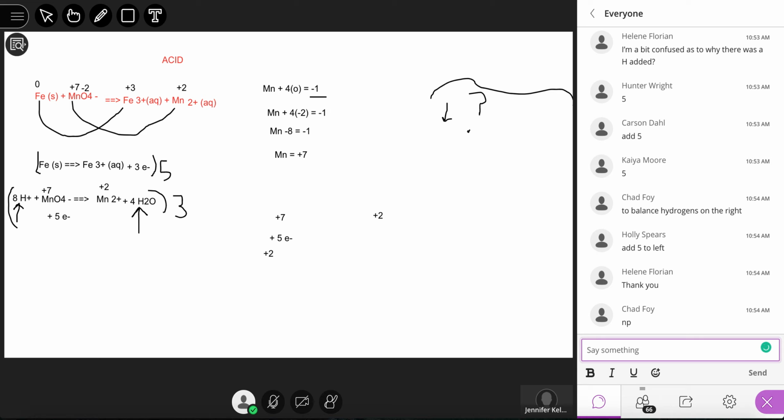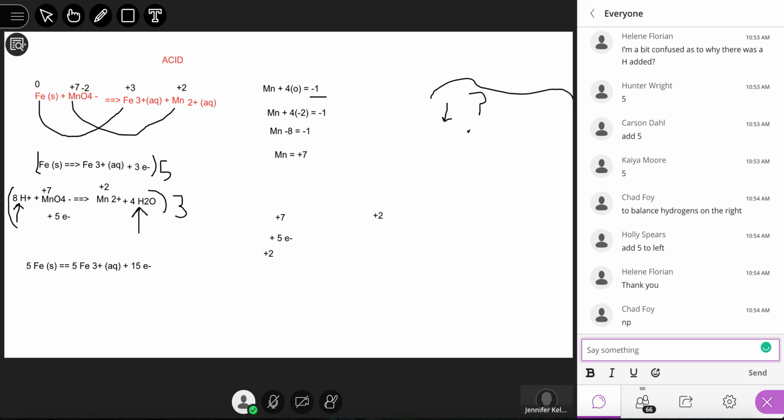So that's going to give me this: 5 Fe solid makes 5 Fe3+ aqueous plus 15 electrons.